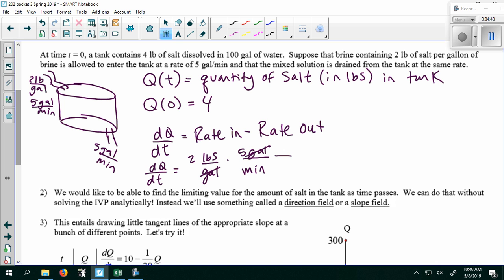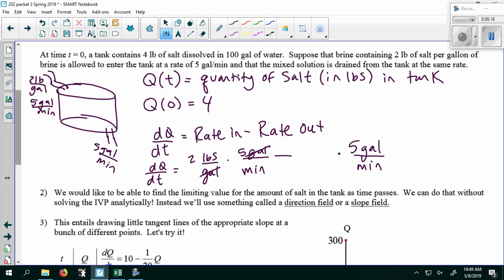We have gallons per minute. That's all we know, right? So I'm going to have times 5 gallons per minute, and I've got some other fraction here that represents concentration, right? How many pounds per gallon? So I need to figure out the concentration of salt in this tank because that's what's flowing out.